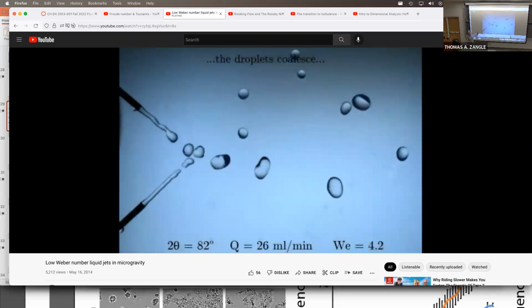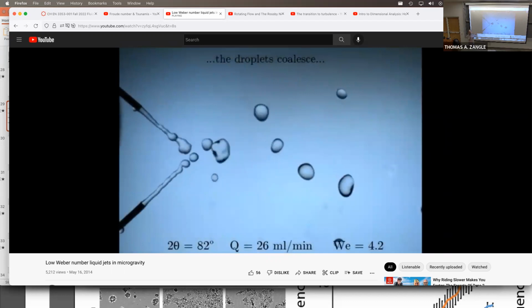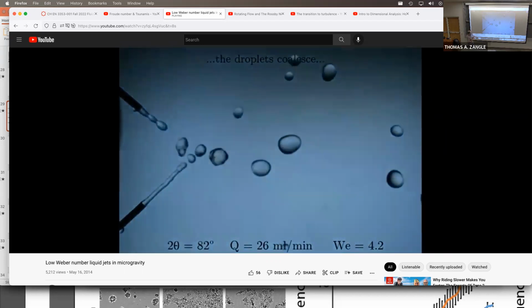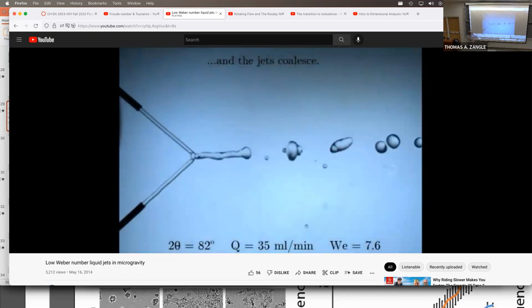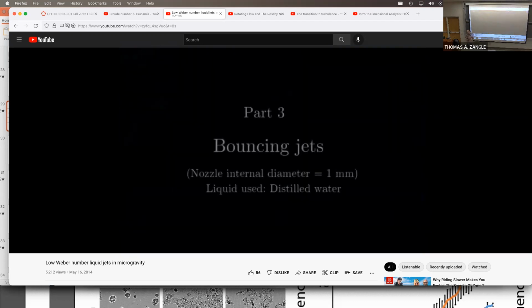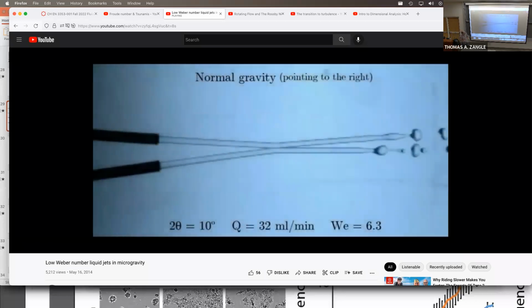So as we're increasing the Weber number, we're increasing the inertia of the flow, and so the surface tension effects of keeping these droplets separate and together are becoming relatively less important, and so we start to see these streams flowing together.